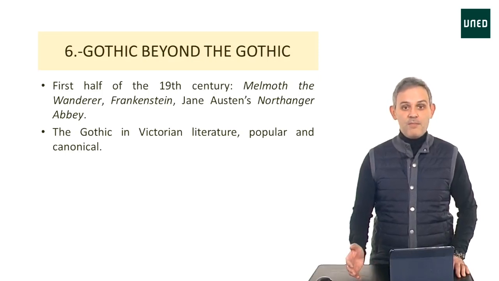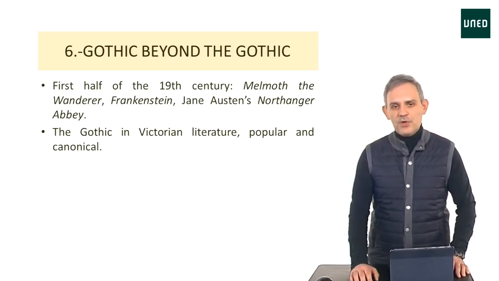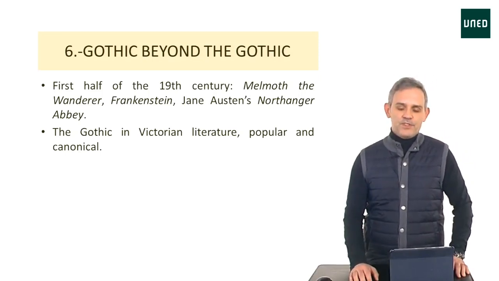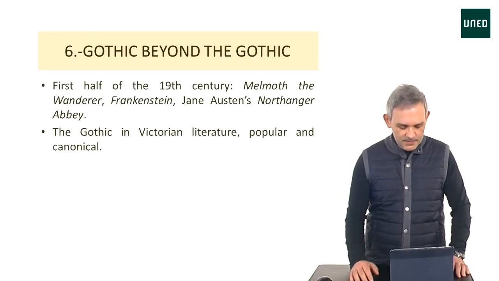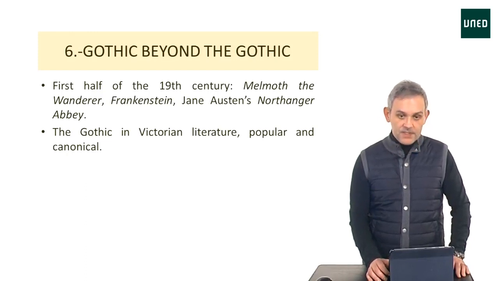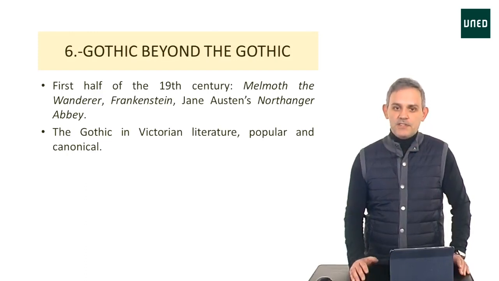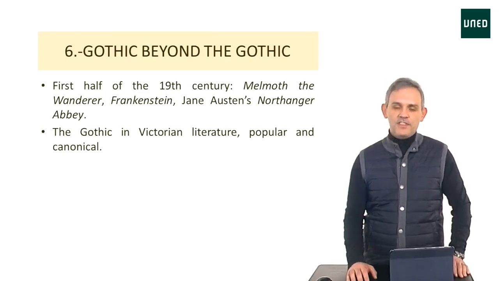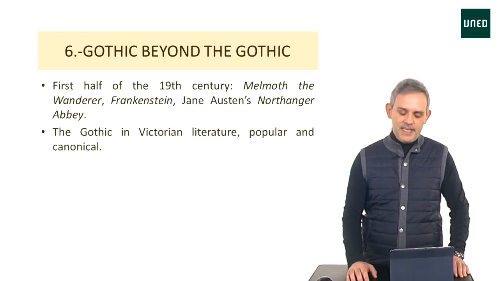We can think of Bertha Mason in Charlotte Bronte's Jane Eyre, or of Catherine's ghost in Emily Bronte's Wuthering Heights. We cannot forget, of course, Bram Stoker's Dracula, which was published later, towards the end of the 19th century, in 1897.